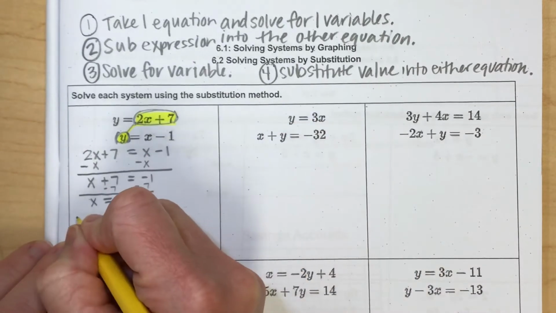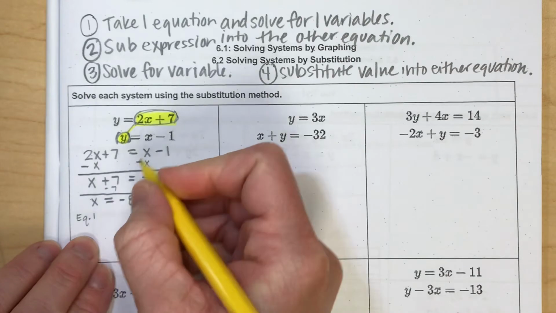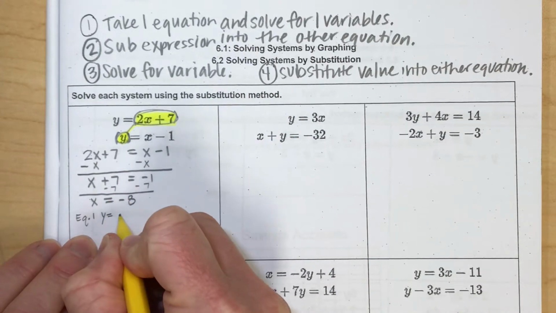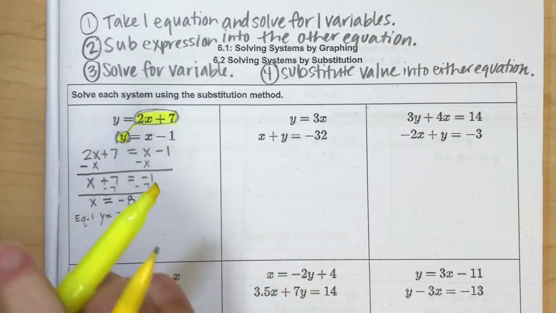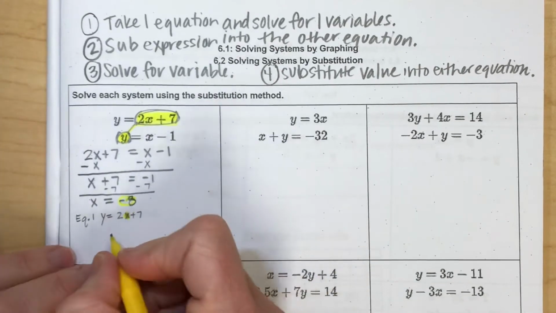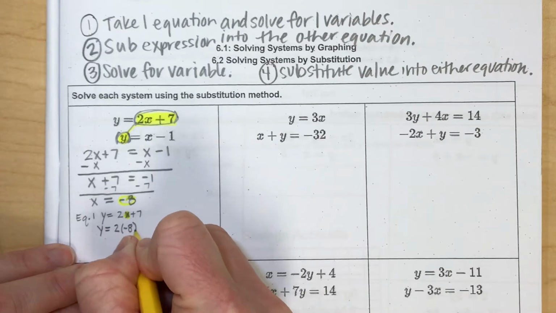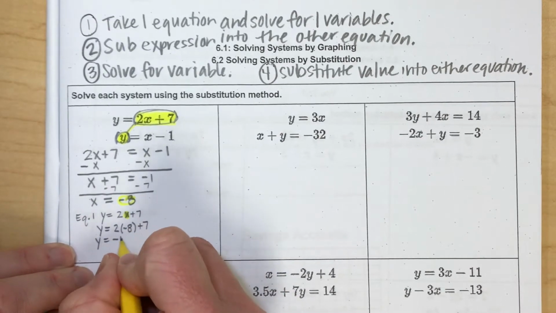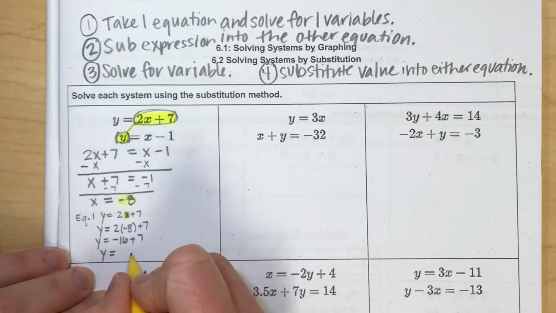Okay, so let's say you pick equation 1, and you substitute here, and for your x, negative 8. So y equals now my 2x plus 7. If I sub in for my x, the value that I just found, which was negative 8, I will have y equals 2 times negative 8 plus the 7, which is negative 16 plus 7, which is going to be a negative 9.